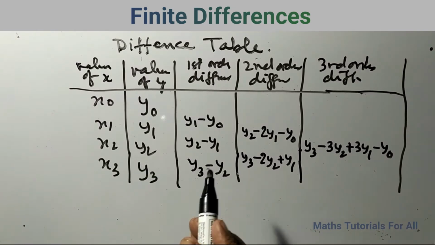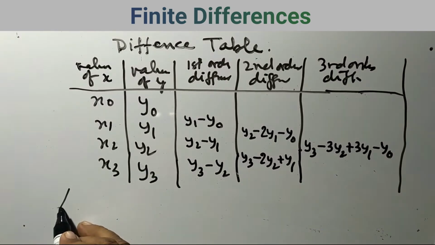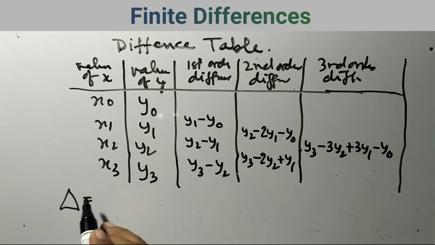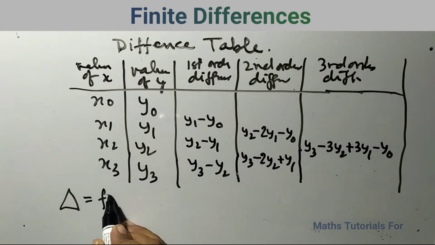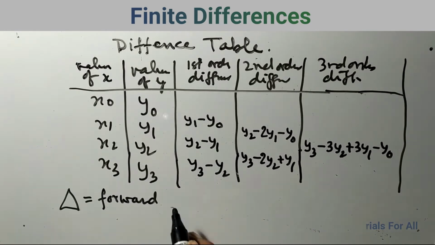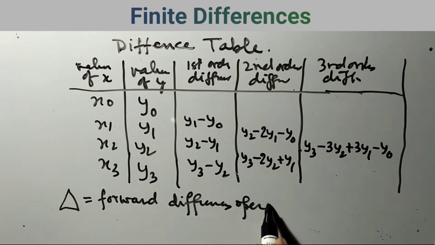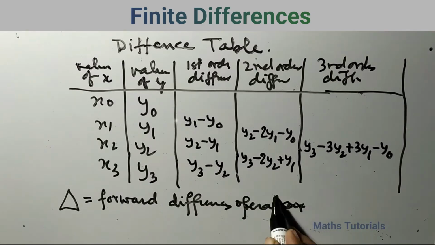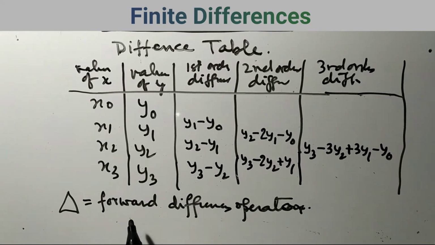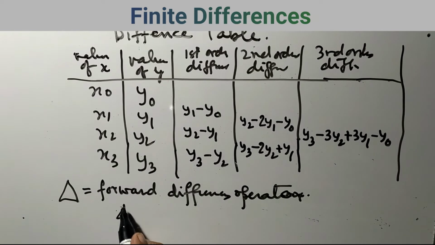Now, there are 5 difference operators. The first difference operator is called capital delta. This is called the forward difference operator. In general, delta yn equal to yn plus 1 minus yn, the first difference.